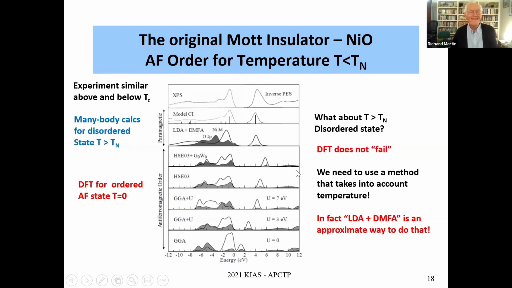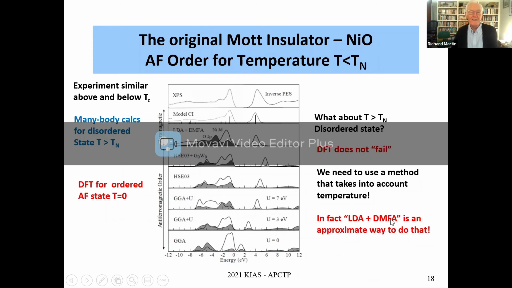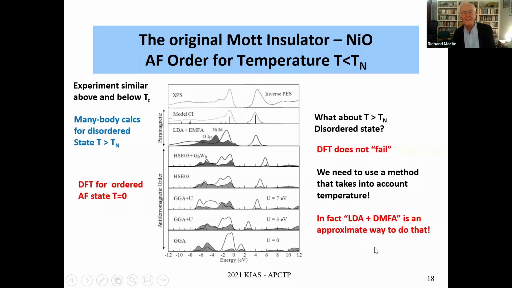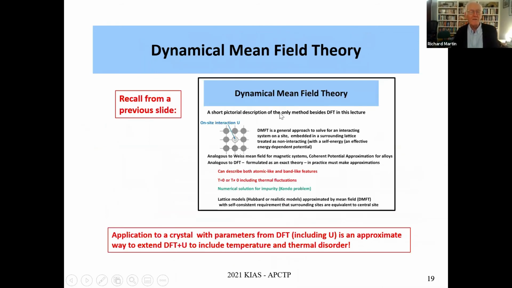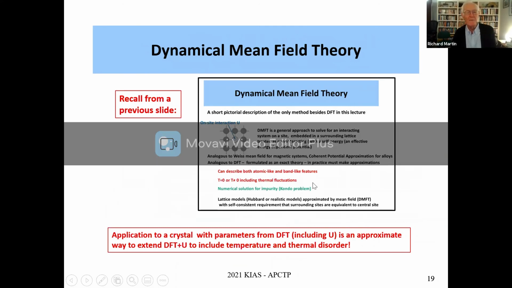Well, as a matter of fact, this dynamical mean field calculation is just exactly that. It is the generalization of the density functional approximation to be able to take into account the thermal and also the quantum fluctuations in the system. So remember that from the previous slide, what dynamical mean field theory is? It's a theory for a site embedded in the medium and done self-consistently.